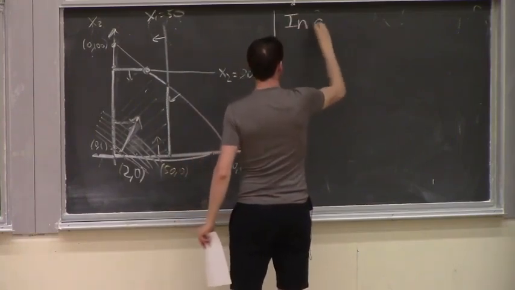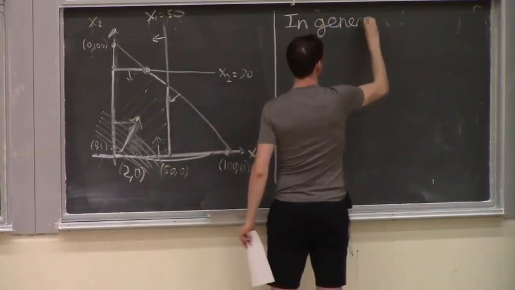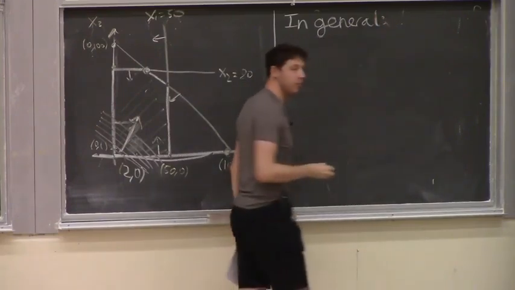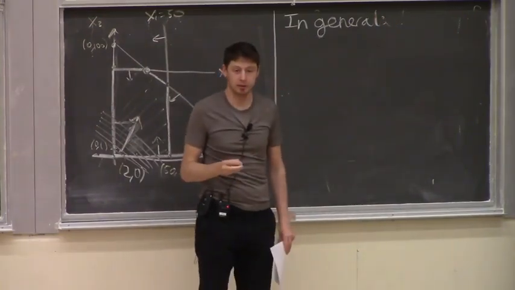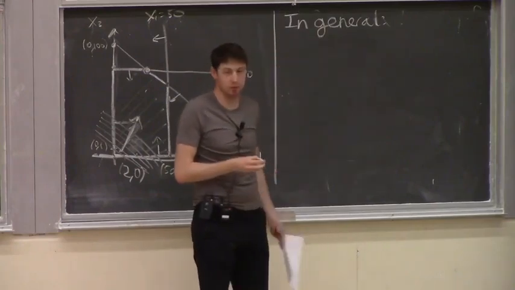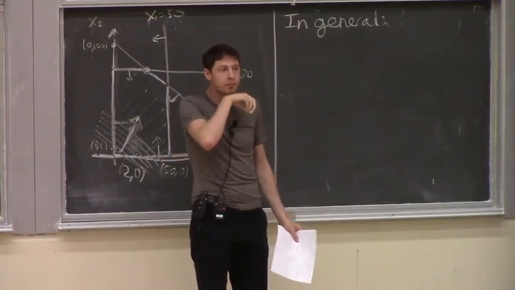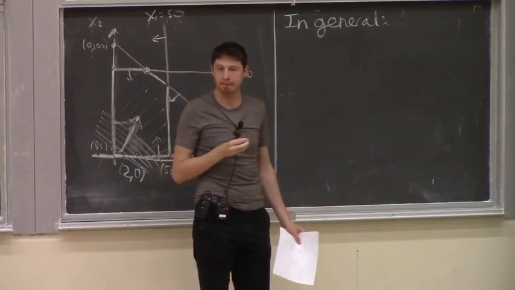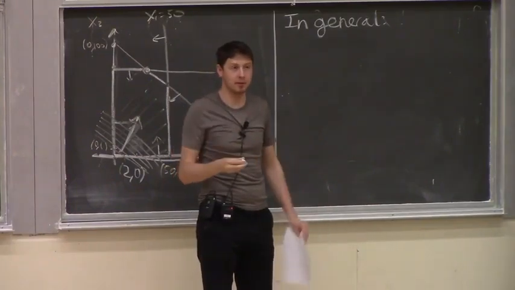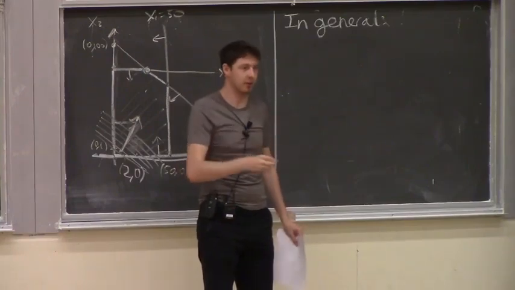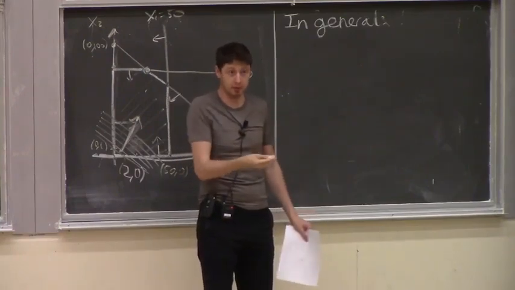So in general, we have some linear constraint, right? That doesn't have to look like that. What is the general form for a linear constraint? Give me some linear program. I'm looking at any of these constraints. It is a linear constraint because it's a linear program.